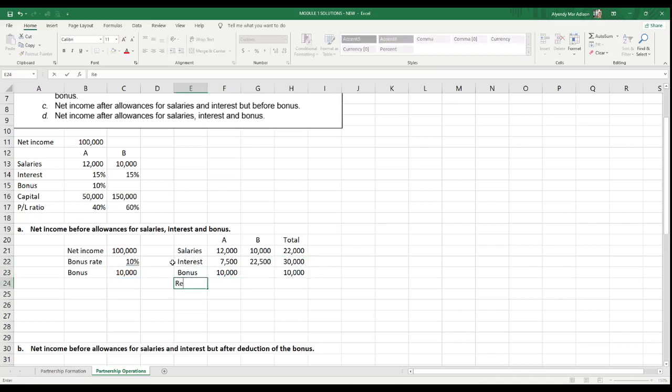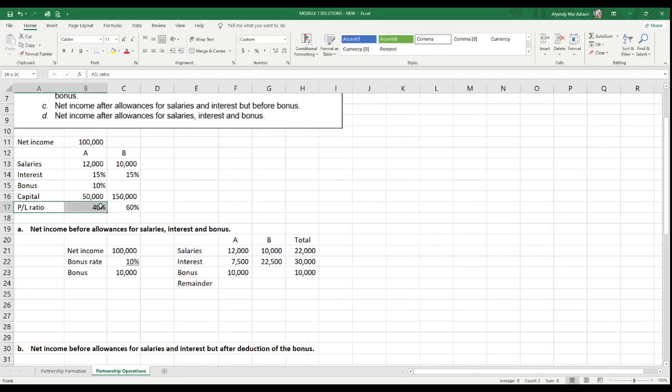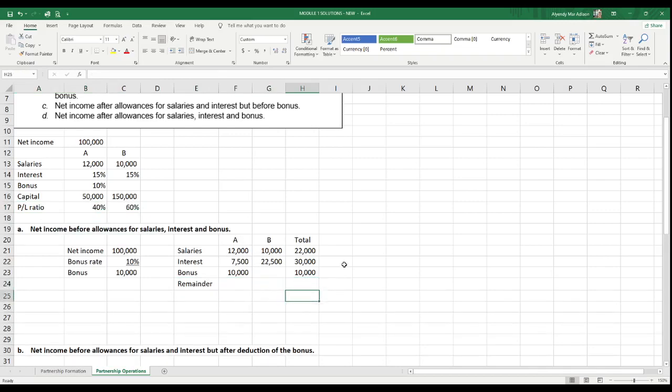Now, how about the remainder? The remainder will be divided based on their profit or loss ratio. But before that, let us first determine how much the remainder is. Since the total net income is 100,000 pesos, we will deduct from the 100,000 the salaries, the interest, and the bonus to get 38,000 pesos.